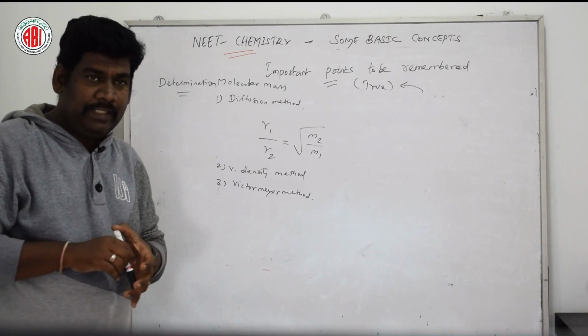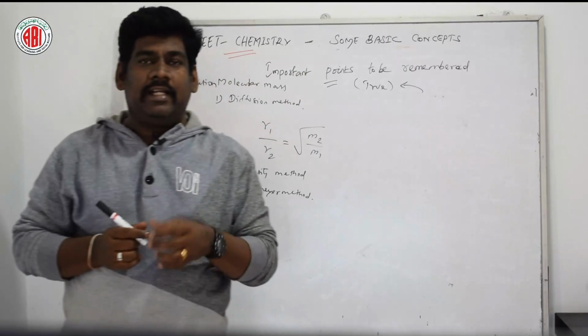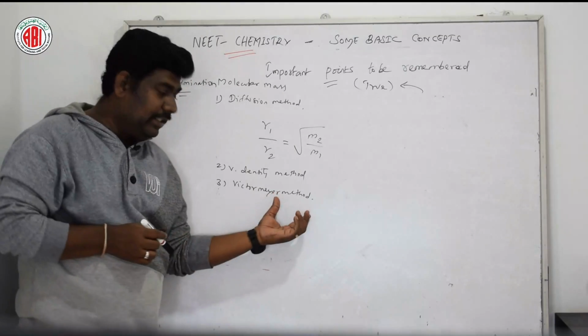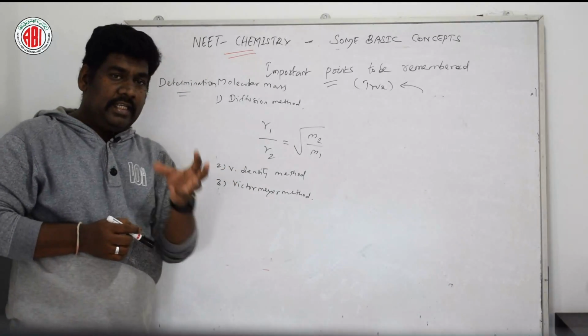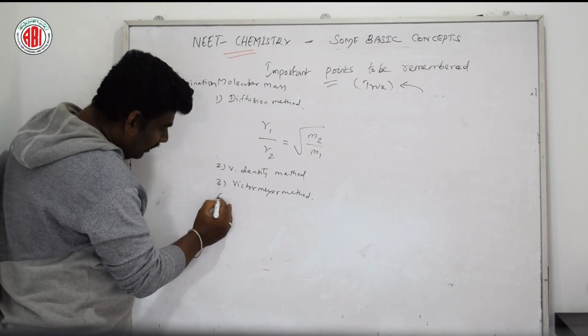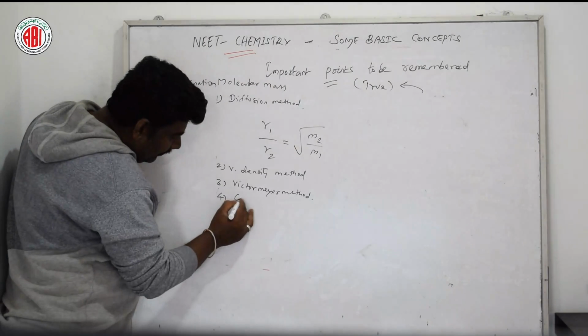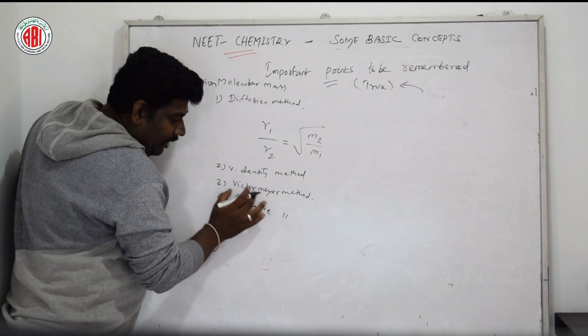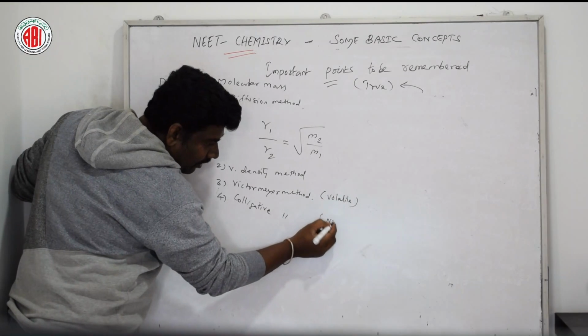This method is based on Dalton's law of partial pressure and Avogadro's hypothesis. In case the substance is a non-volatile solid, we go for the colligative property method. So Victor-Meyer method is for volatile and colligative property method is for non-volatile substances.